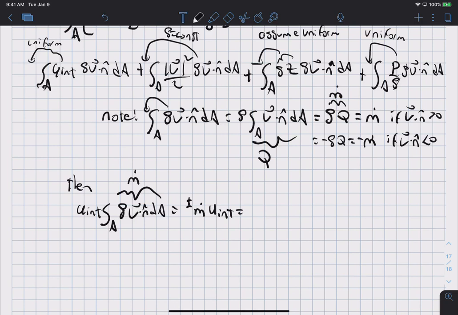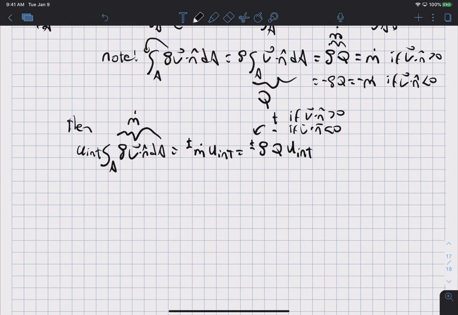Or this equals plus or minus rho Q times the internal energy. The plus is if V dot n hat is greater than 0, and minus if V dot n hat is less than 0. And that's basically what that integral turns into.